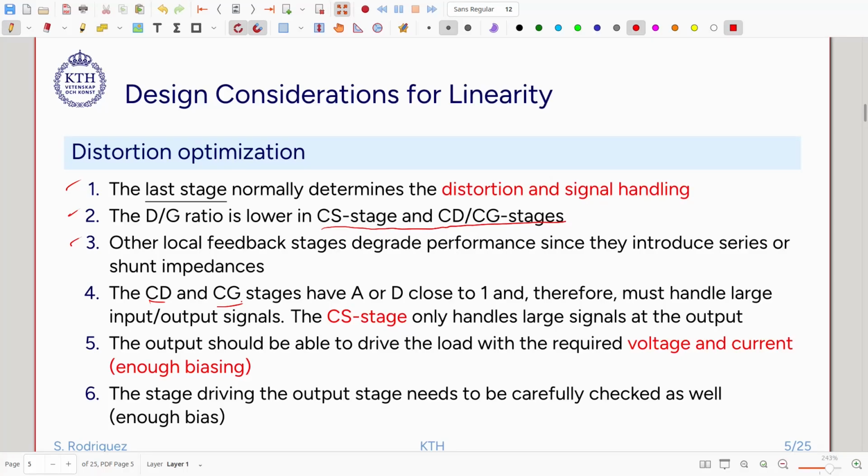That means that there will be large voltage swings at the inputs and at the outputs, and because of this they underperform the common source stage, in which only the output has a large signal swing. So whenever possible, we should use only common source stages as the output.